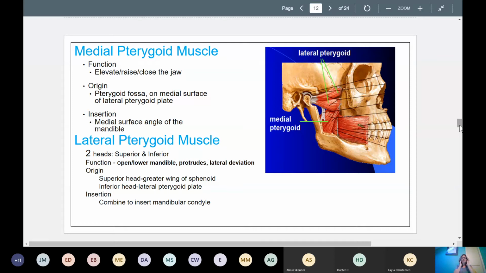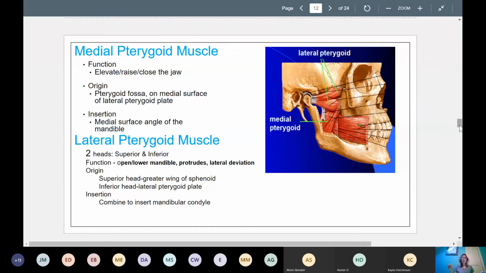So when we have our fingers here on the side of a patient's head and we say shift your lower jaw from side to side, lateral deviation, that's the lateral pterygoid muscle that's causing it to do the lateral deviation back and forth. It's nice that they named them kind of like they should, lateral deviation, lateral pterygoid. Its origin is the superior head of the greater wing of the sphenoid.